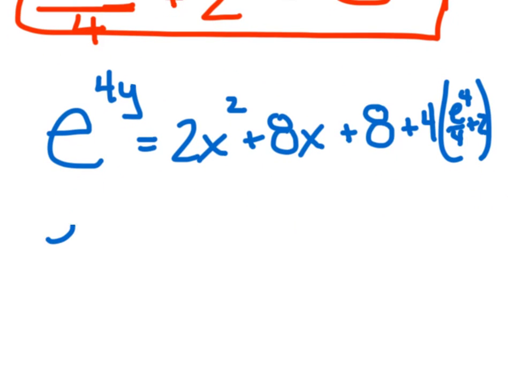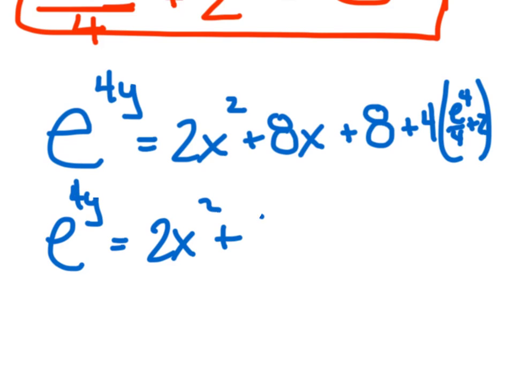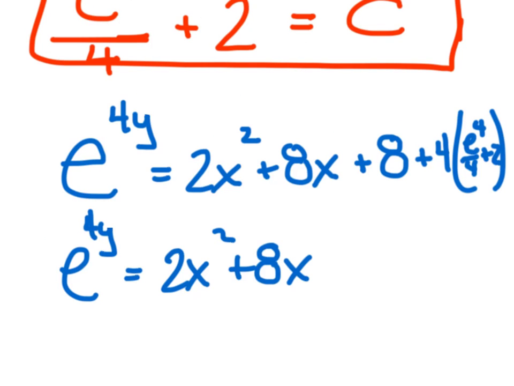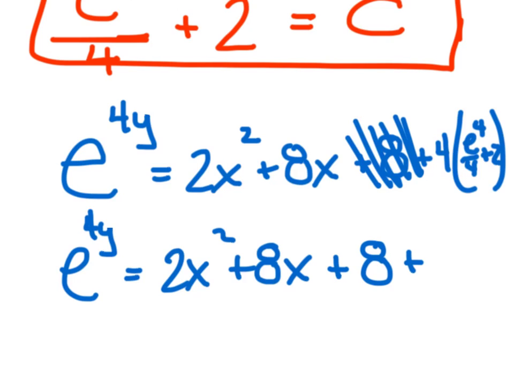So if I keep cleaning, e to the 4y, I've got 2x squared plus 8x, whoops, I think I got an extra 8 in here. I'm going to kill this 8. I think that was extra. Not sure where that came from. Plus 8 plus e to the 4th. Sorry about that.